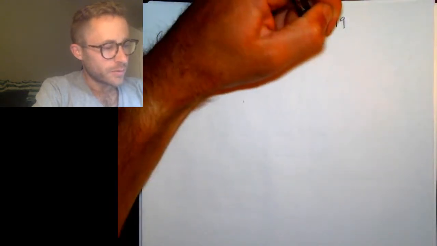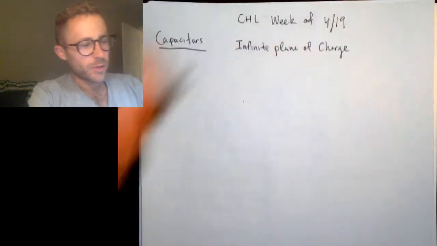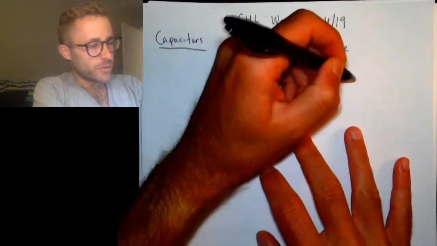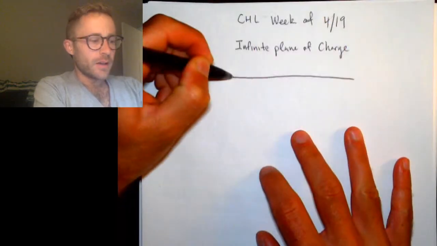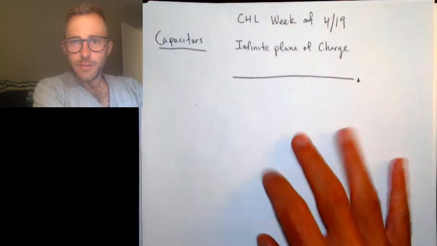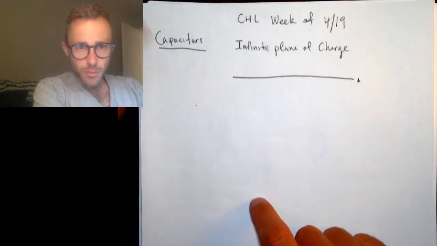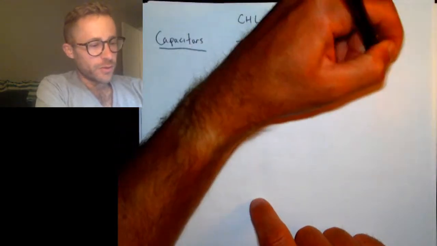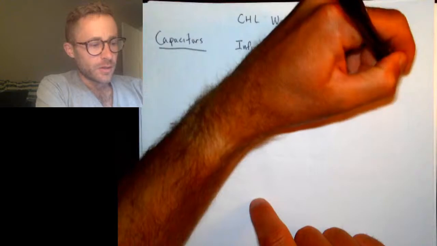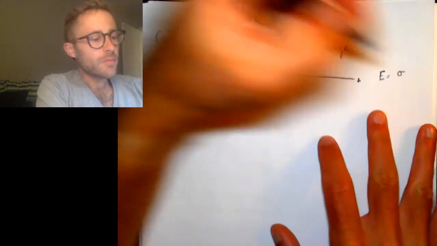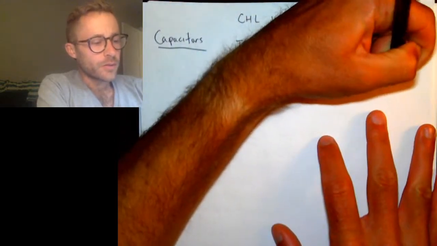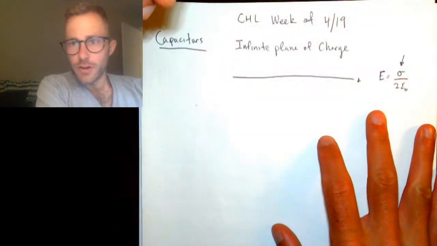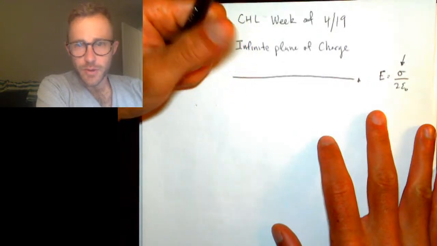If we were looking at an infinite plane of charge from the side, we would see it edge on. If it's a positive infinite plane of charge, we used Gauss's law to calculate that the electric field is sigma over 2 epsilon naught, where sigma is the charge per area of the infinite plane.